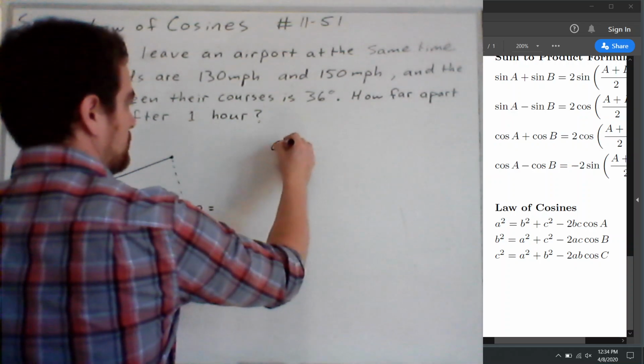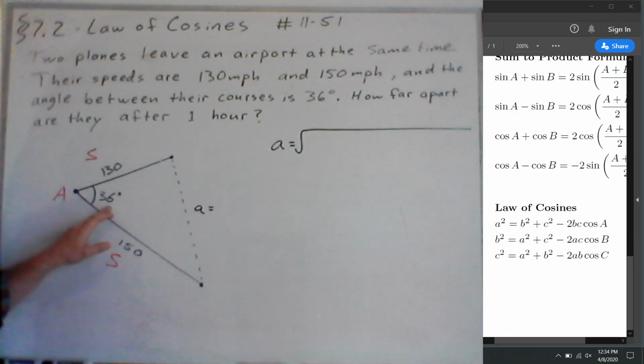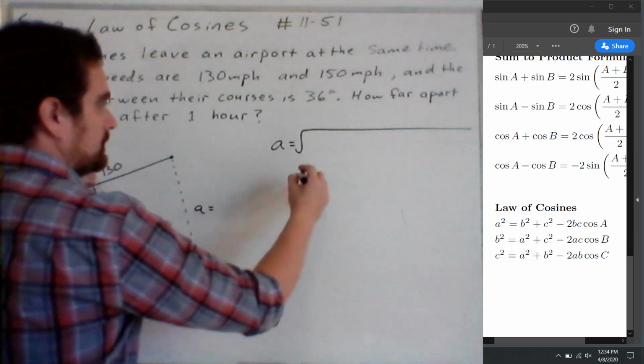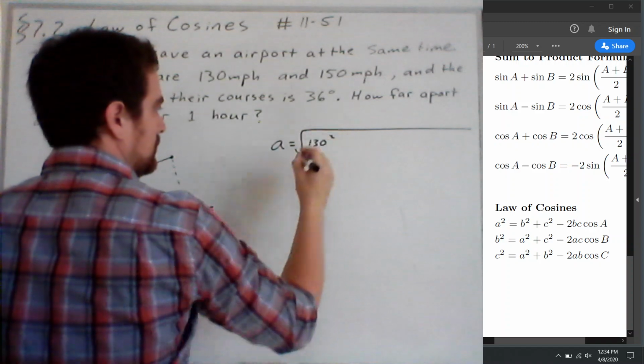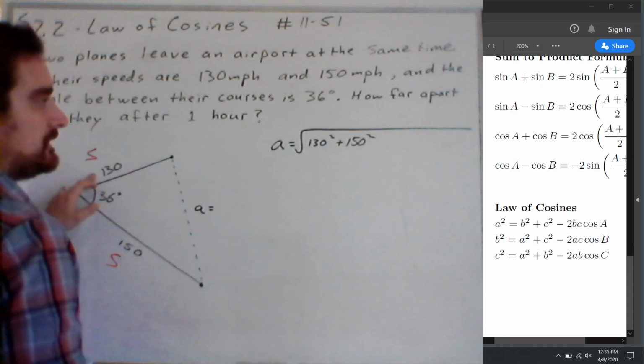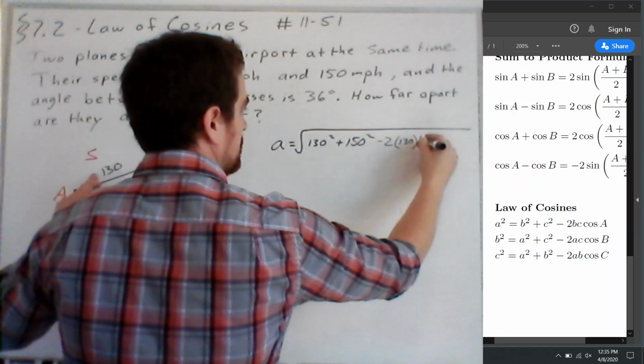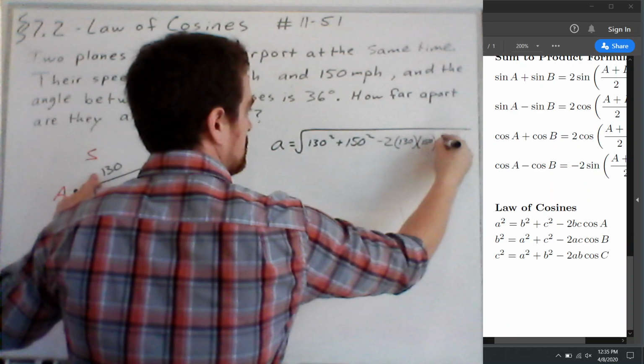So little a, let's just jump right on it, is going to be the square root of, again, B and C are going to be interchangeable for us, so I'm just going to say B is the smaller one. B squared is 130 squared. C squared is 150 squared. Minus 2 times B is 130, C is 150.